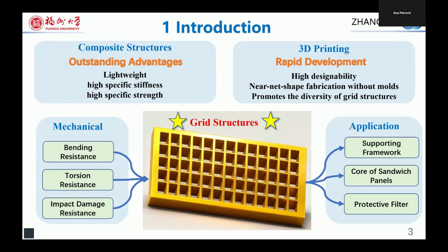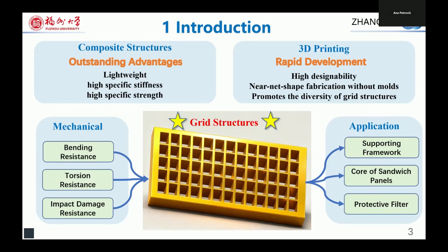As most of us know, composite structures have many outstanding advantages, including lightweight, high specific stiffness, and high specific strength. And nowadays, the rapid development of 3D printing brings designers many advantages, including high designability and near net shape fabrication without mold, and promotes the diversity of grid structures.